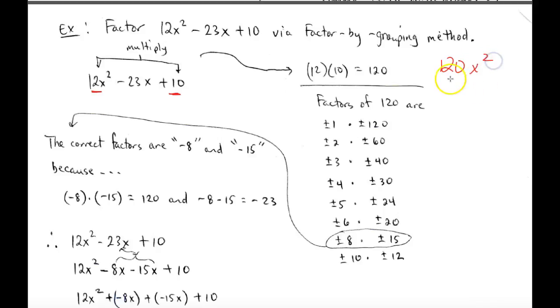And if we do that, we get a positive 120x squared. And so saying all that to say that here, when we have to do the step of rewriting this in terms of 2 other terms, we are thinking as if we have x's by all of these, okay?